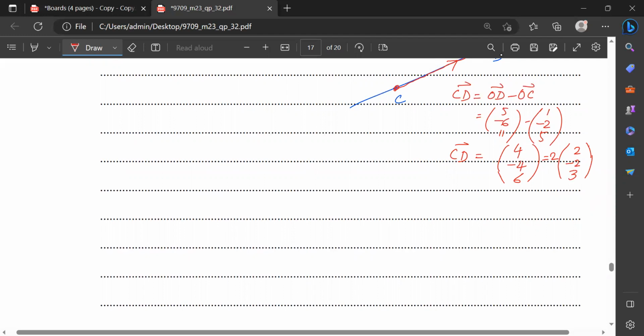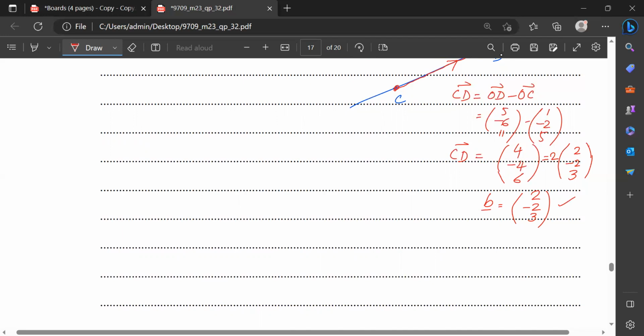So instead of using 4, minus 4 and 6 as the direction vector, I can use the multiple which is in the simplest form, 2, minus 2 and 3. Any such vector you can use for this answer. So I'm using this simplified form of this vector, 2, minus 2 and 3.